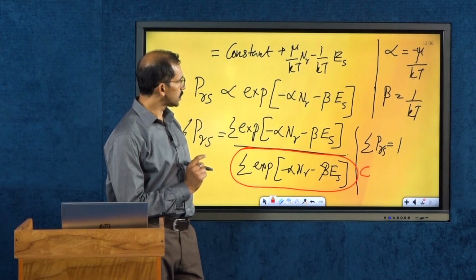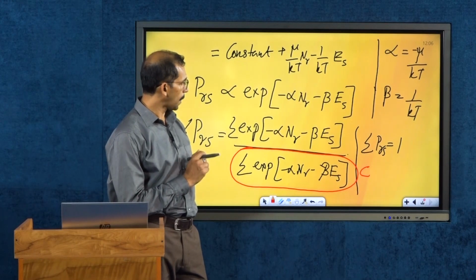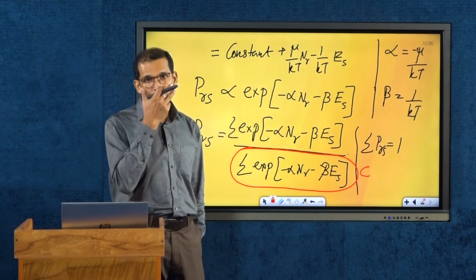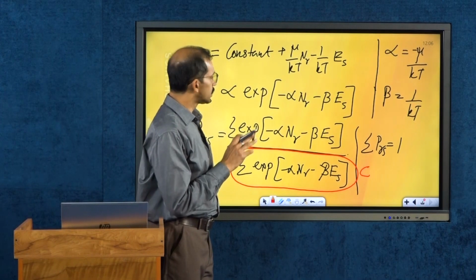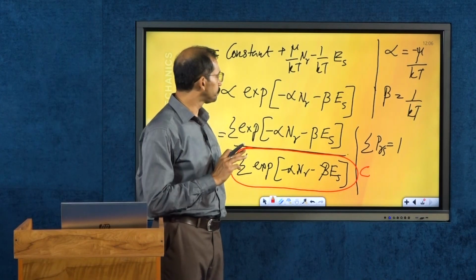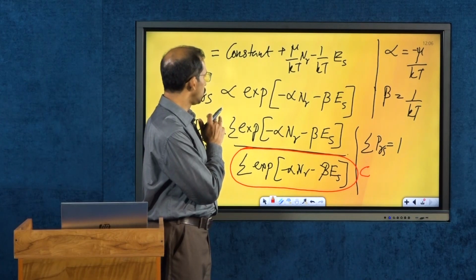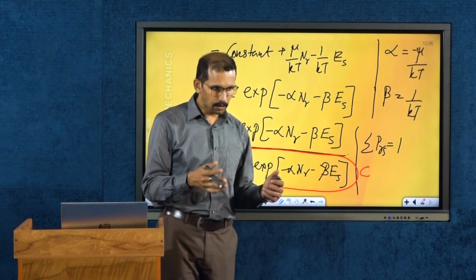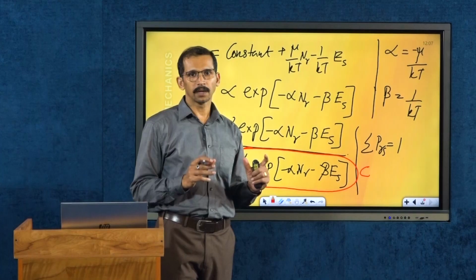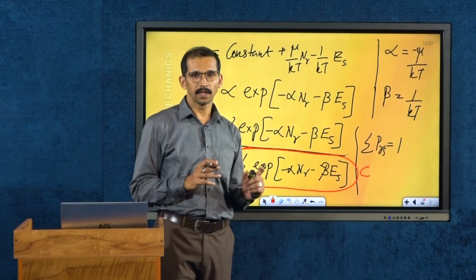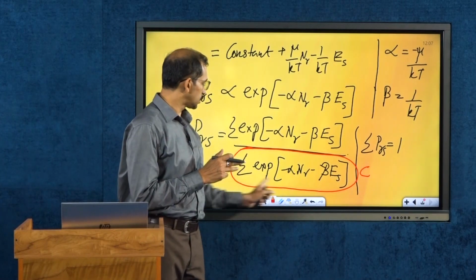So, that is the introductory discussion on the grand canonical ensemble. We have defined what a grand canonical ensemble means, and how we can evaluate the probability that a particular volume has an energy level Er and Ns, and that is given by this expression.